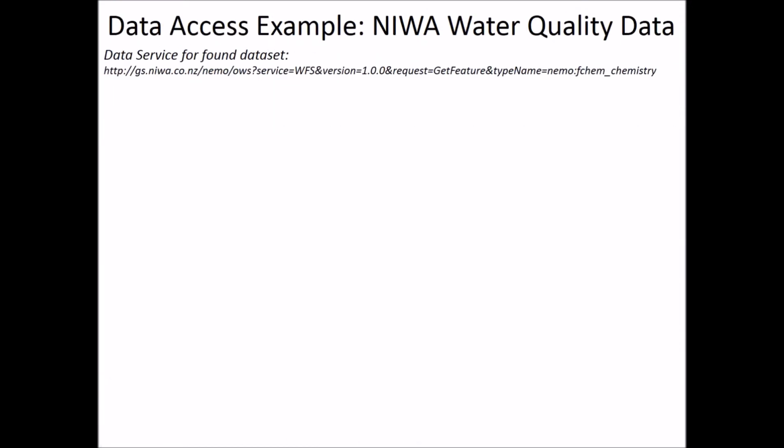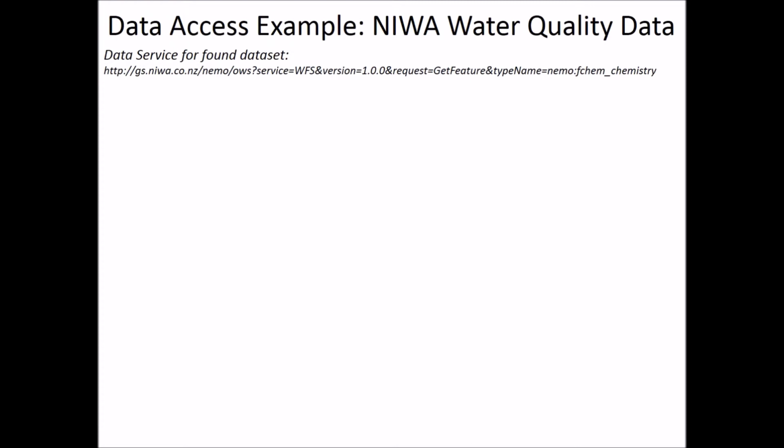So let's move from data discovery to data access. In the NIWA data catalog entry for NIWA water quality data, there is a data service referenced, and this is the call for the data access service.